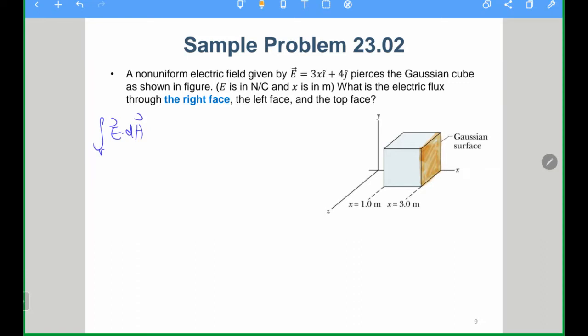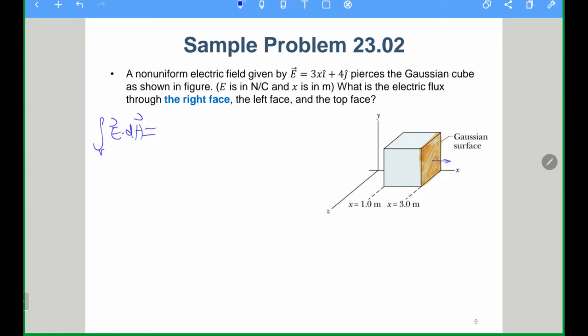Of course, we need to do some calculation. We need to determine the E field here, and how the E field relates to dA. The first thing we can quickly determine is the direction of dA.